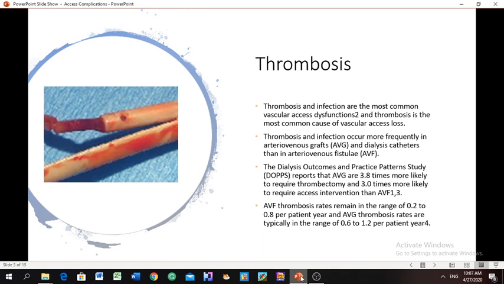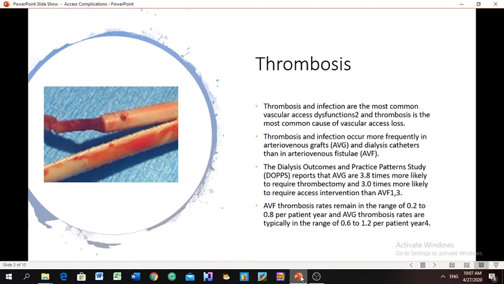Thrombosis and infection are the most common vascular access dysfunctions, and thrombosis is the most common cause of vascular access loss. Thrombosis and infection occur more frequently in arteriovenous grafts and dialysis catheters than in arteriovenous fistulas.